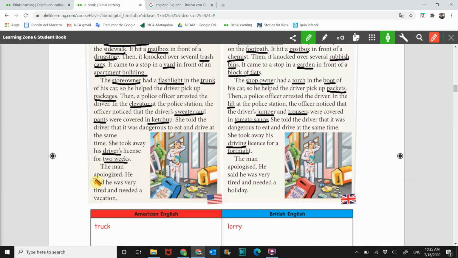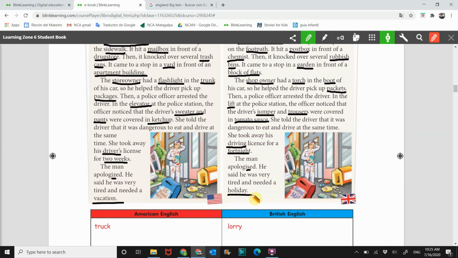And then the difference here, we just spell, a lot of times in American English, we use a Z. They typically only use an S. So apologized, apologized. And instead of vacation, they say holiday. So this exercise isn't anything super important that you need to worry about.